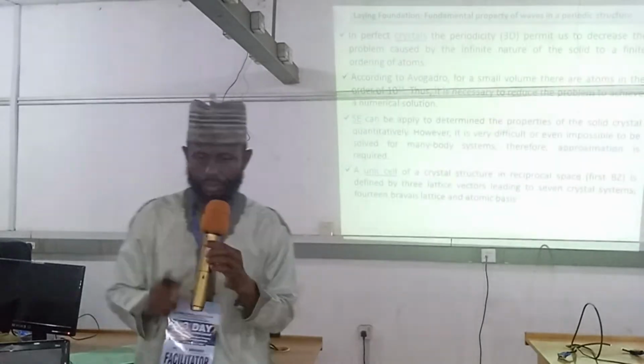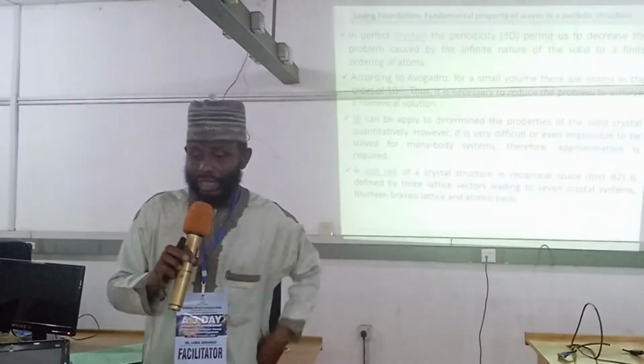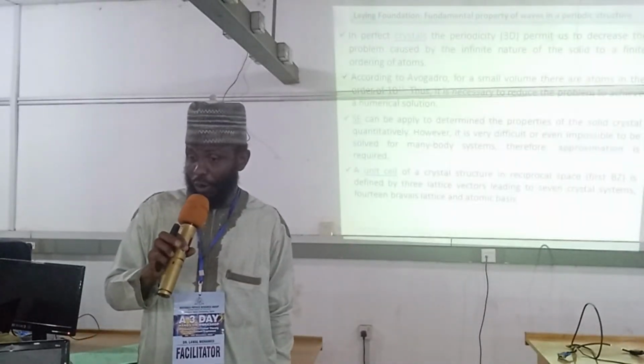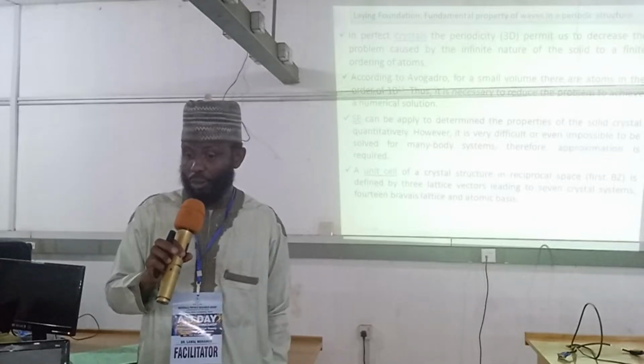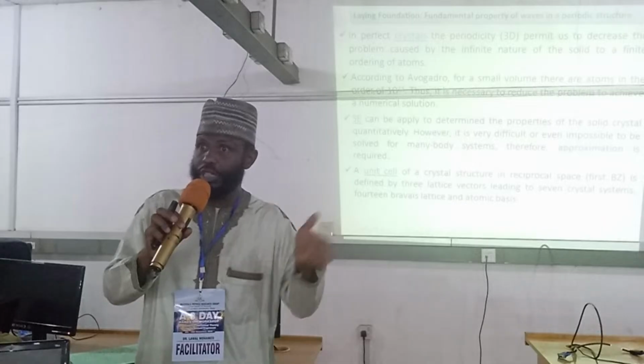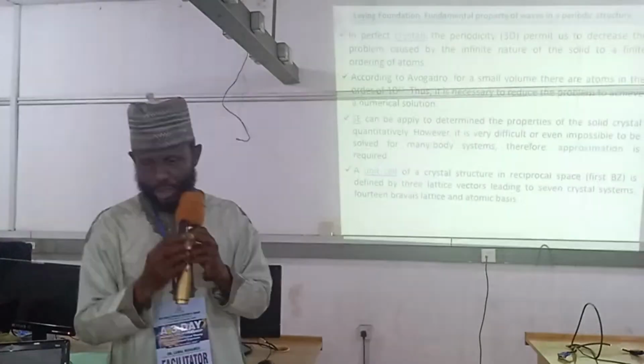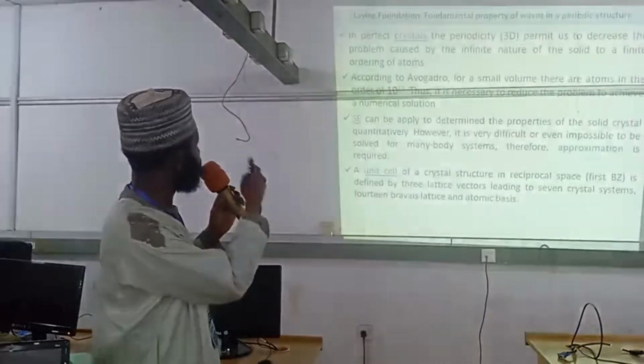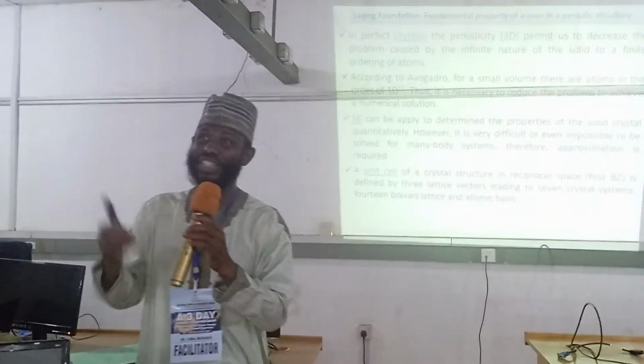Okay, so we know that when we talk about lattice foundation, we talk about the fundamental property of waves, periodic structure. That is a perfect crystal. What is a crystal?